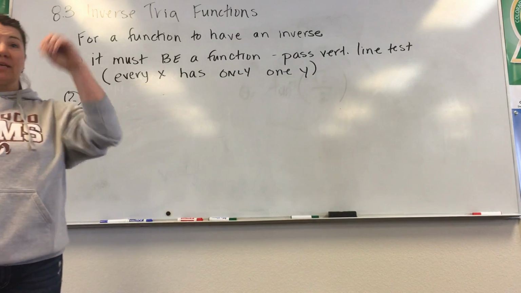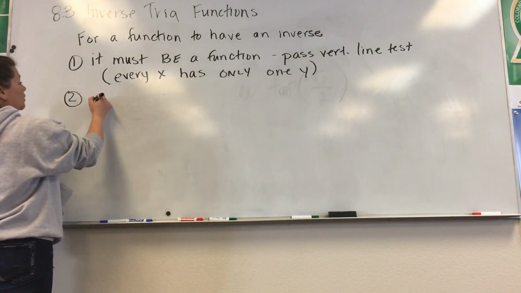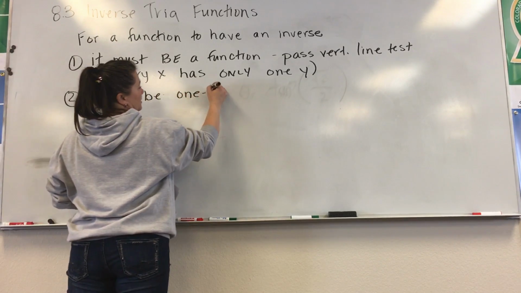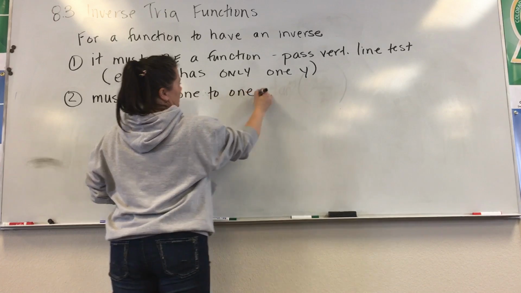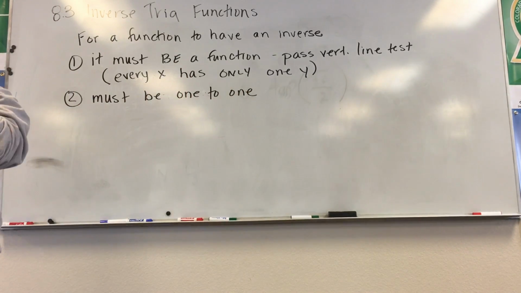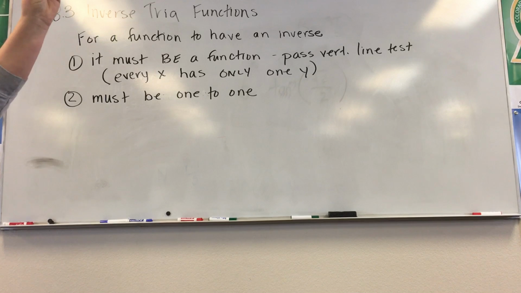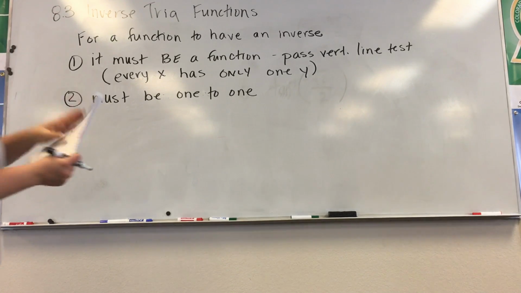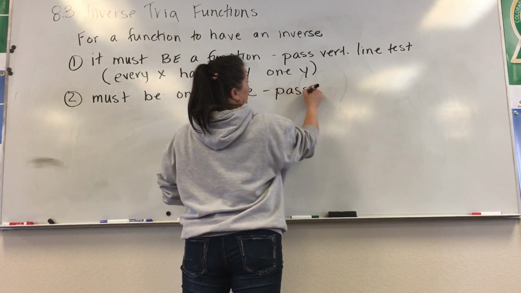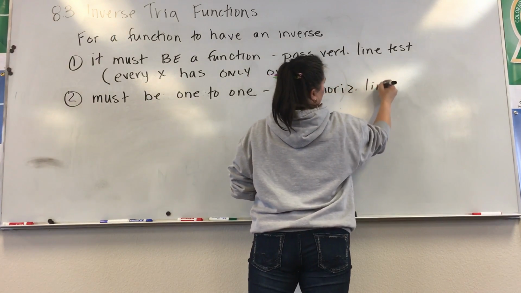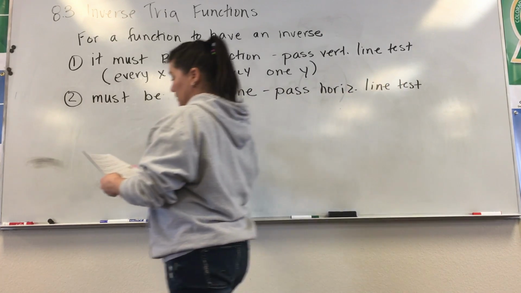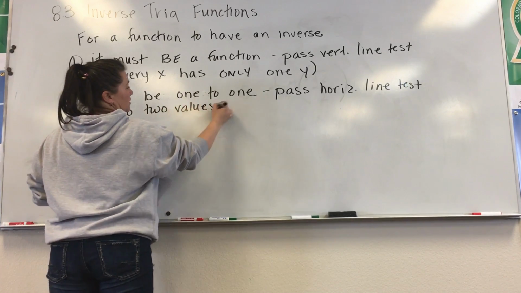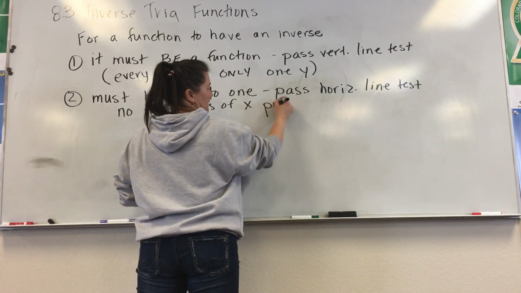In order for a function to have an inverse, it also must be 1-to-1. Do you remember about 1-to-1? So 1-to-1 means it also has to pass a horizontal line test, which means that no two values of x produce the same y.